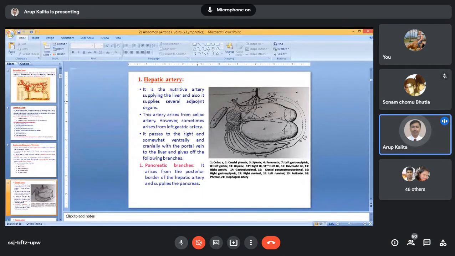The liver will get blood from two different structures. One is the nutritive blood, another is the functional blood. The nutritive blood is supplied by the hepatic artery.